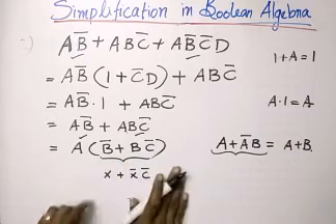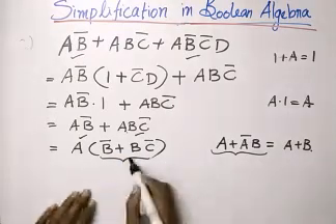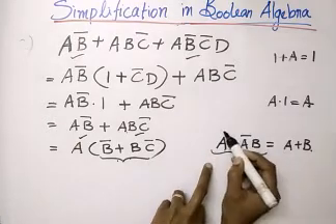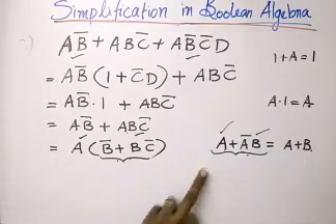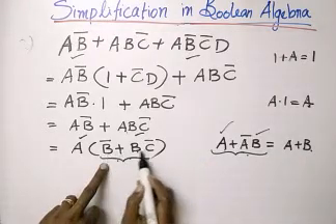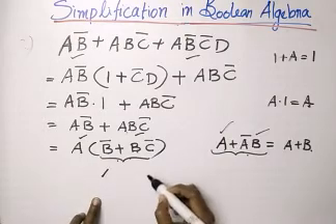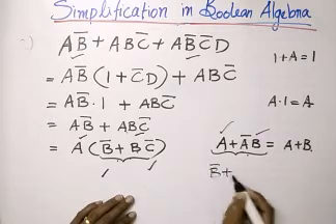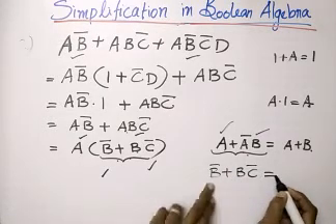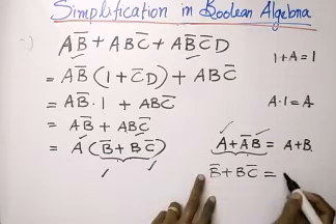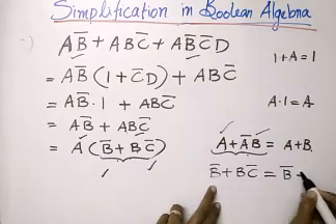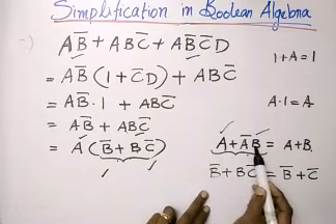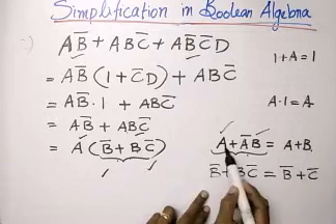A or A'B is equal to A or B. Here B' or BC' is equal to, similar to this, B' or C'.